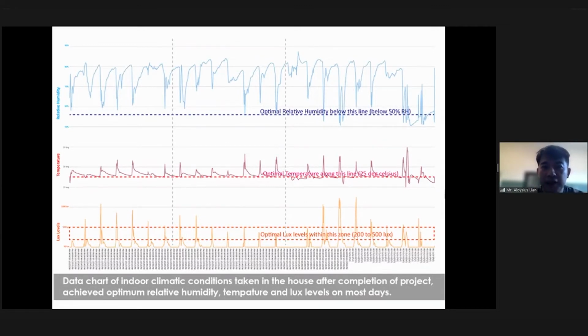But of course, for the optimal temperature, it did not succeed. It's still very hot, because Singapore is very hot, right? We are in the tropical area. And as I mentioned, the client actually doesn't really use a lot of air conditioning. So that's why you can see the humidity as well as the temperature are much higher than the optimal.